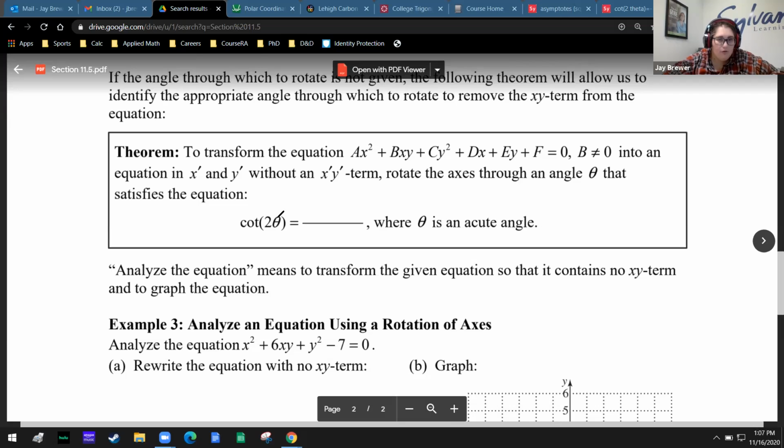So we have the cotangent of 2 theta equal to a minus c divided by b, where theta is the acute angle. We don't need to put a restriction on b because the equation itself already did that. You cannot have b equal to 0. So because of that, you don't have to worry.